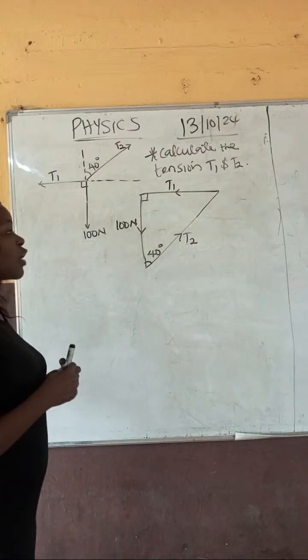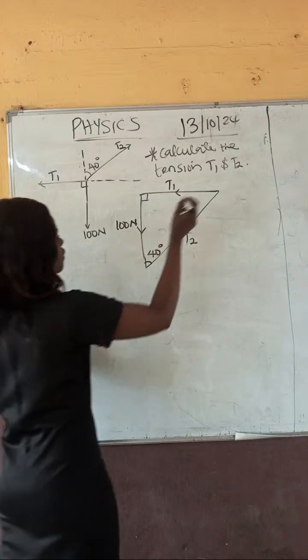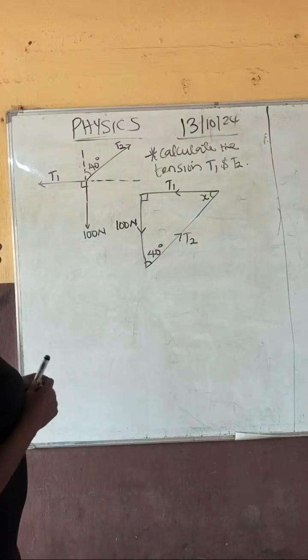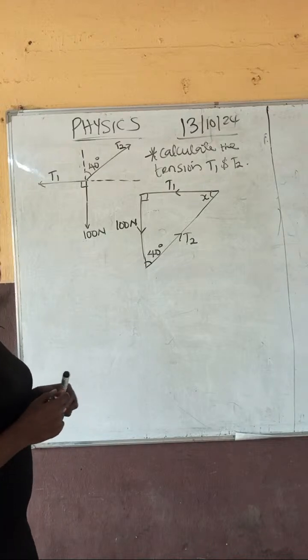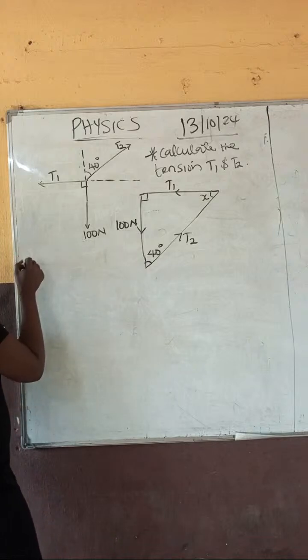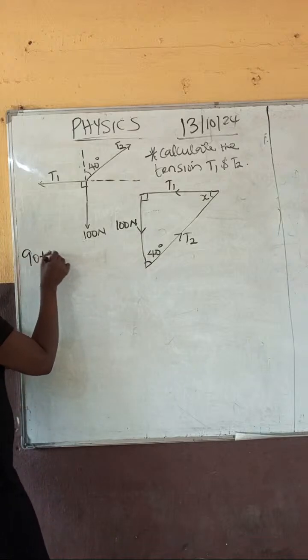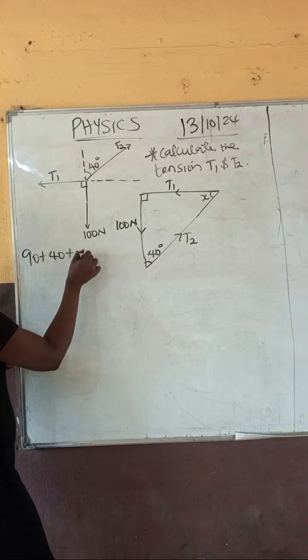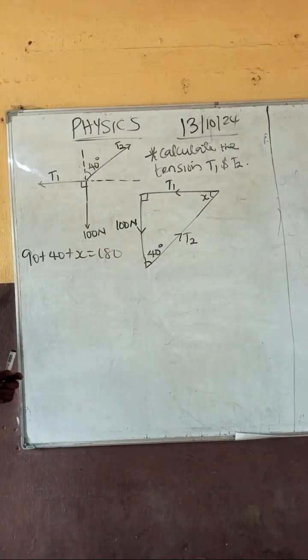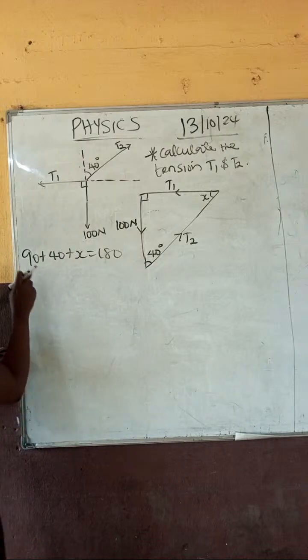Then the next thing we are going to do is to solve for the unknown angle here, which is what? X. The sum of angles in a triangle is equal to 180 degrees. So let's go. And this is angle of 90. I'll say 90 plus 40 plus x is equal to 180. You know the reason? The sum of angles in a triangle is equal to 180.